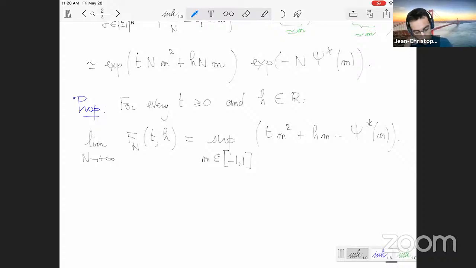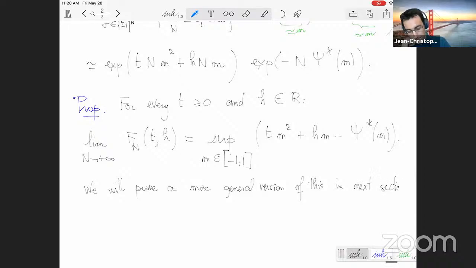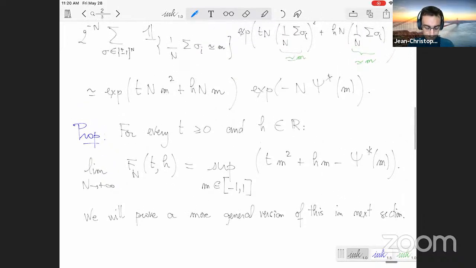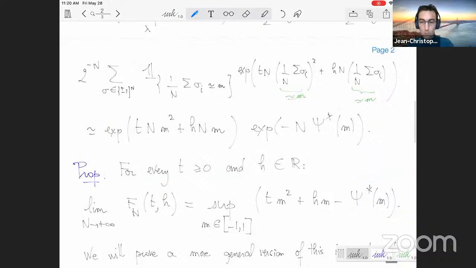Okay, so we will prove a more general version soon. Yes, the sup comes from the fact that, let's say there are only two possible values of m.